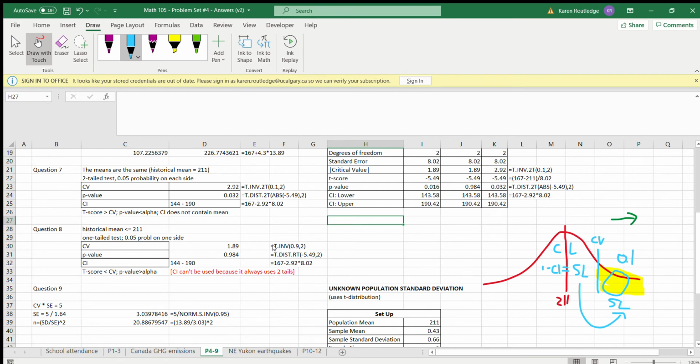It starts with a t because, like before, this is a t distribution. The .inv tells us that we're going to give Excel a probability, which will be based on the significance level, and we want a distance out of it in standard error units. We want to know how far away the critical value is from the mean in standard error units, given that we need to create this much area, an area of 0.1.